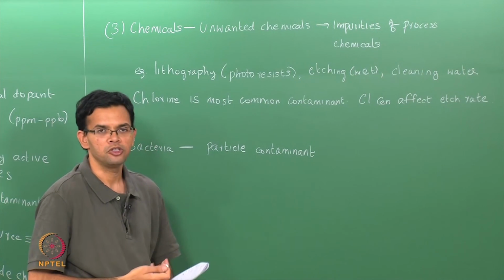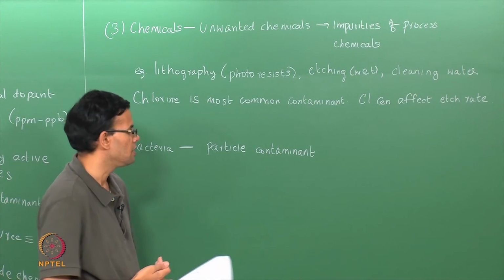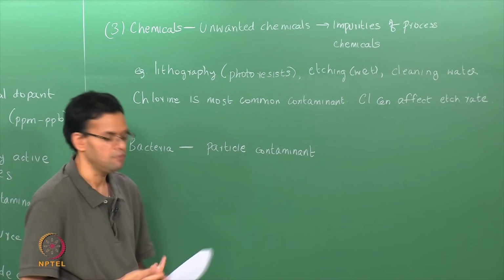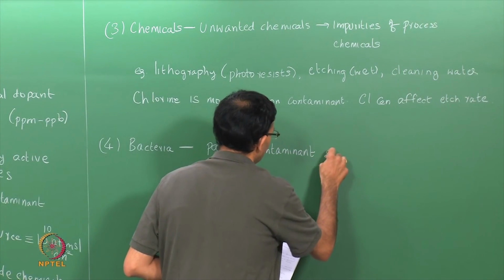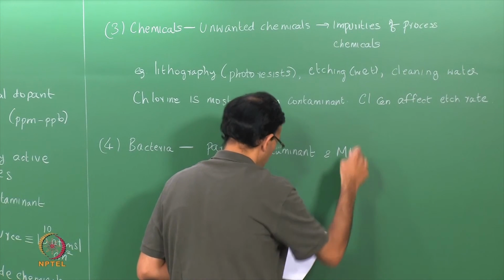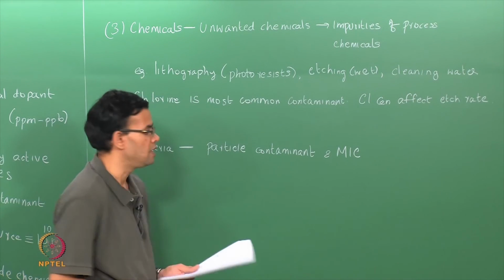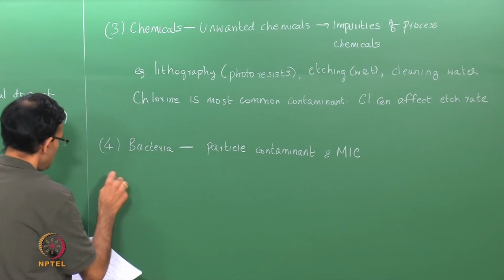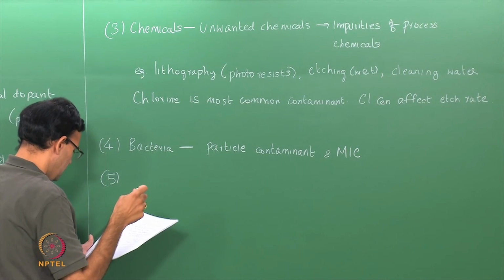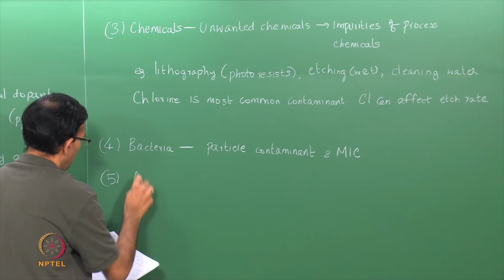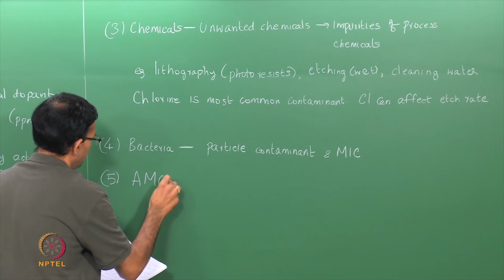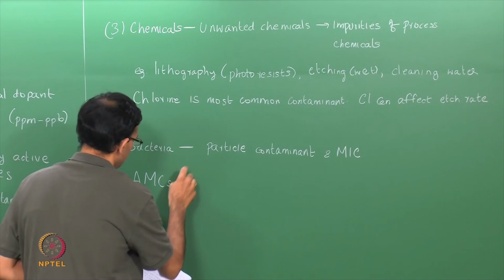Bacteria are also the source of metallic ions, something like sodium or potassium. So, they can also act as a mobile ionic contaminant, so MICs. The last type is your airborne molecular contaminant or AMCs.